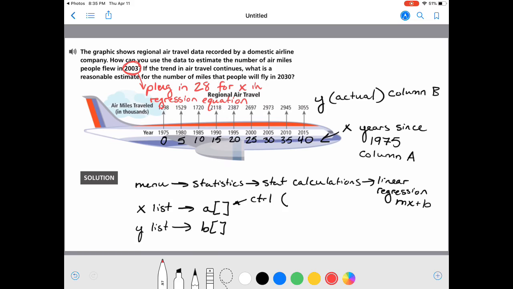For 2030, we're going to plug in 55 years, because that's how many years it's been since 1975. And again, that's going to get plugged in for X in the regression equation.